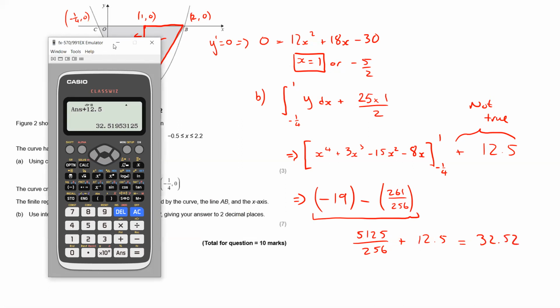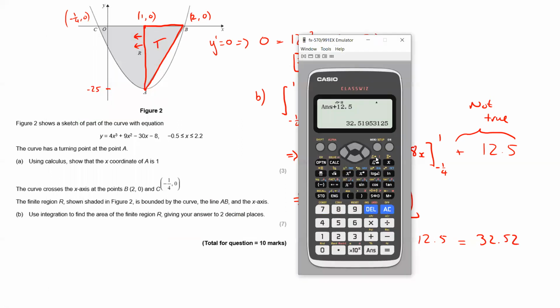Now we're going to try it using our calculator to cheat. So using our integral button. So I want to go from, putting the limits in first, minus 0.25 up to 1. And I want to do it of this thing. So remember to put your original in.